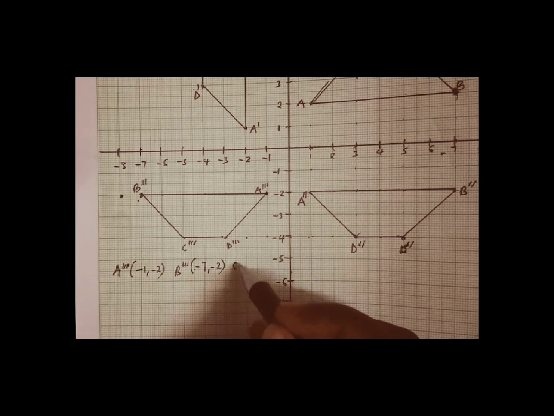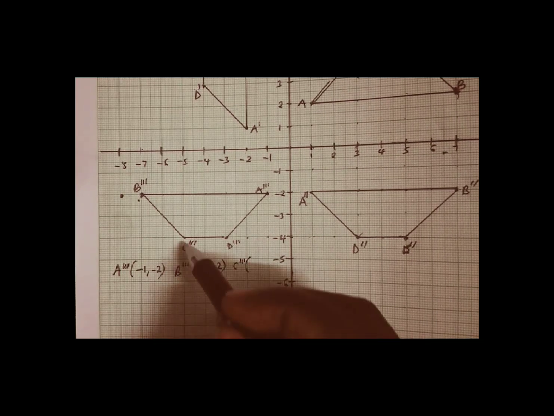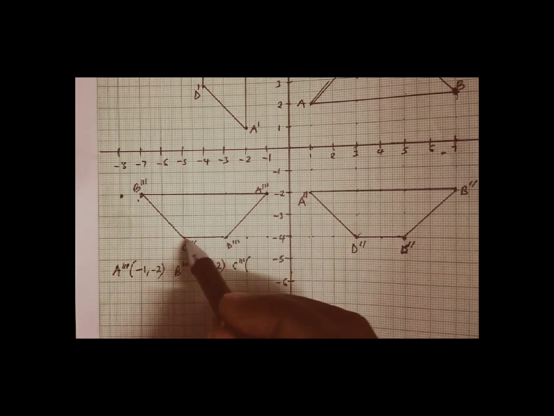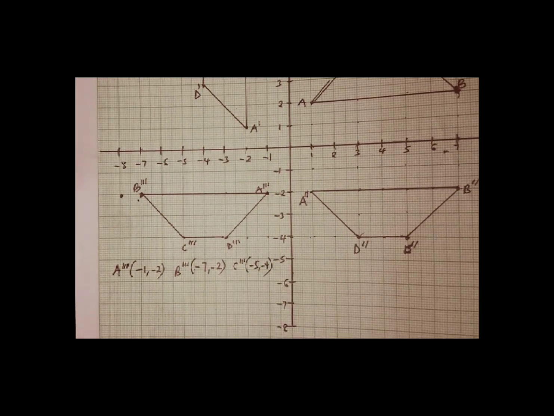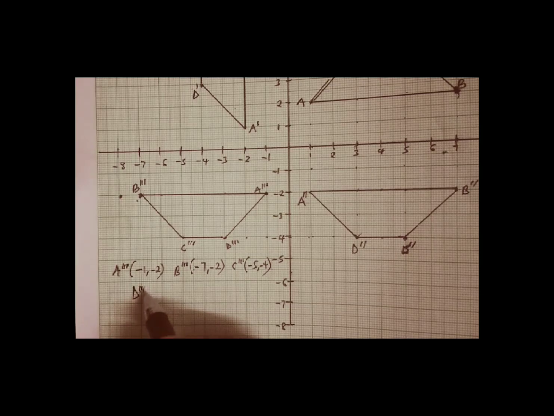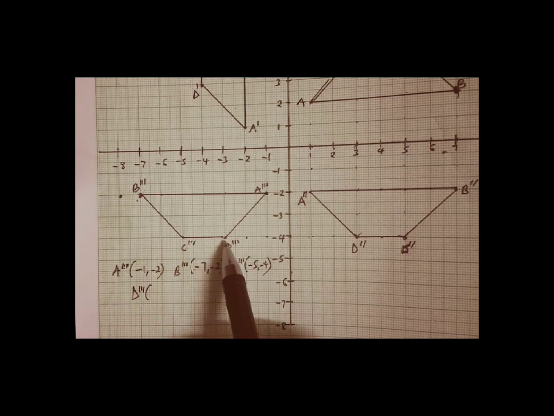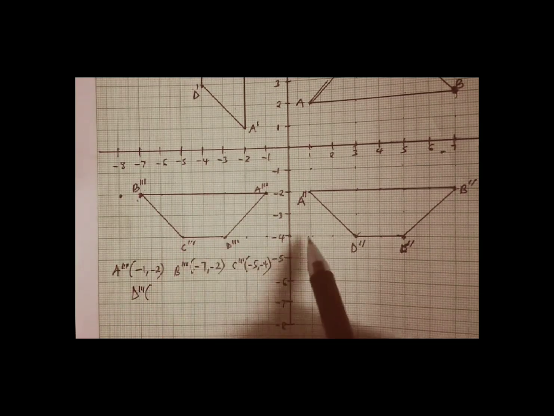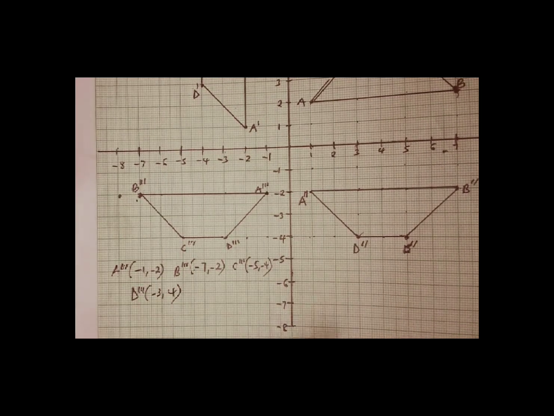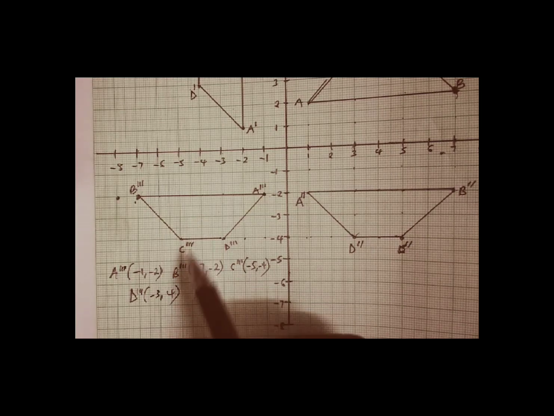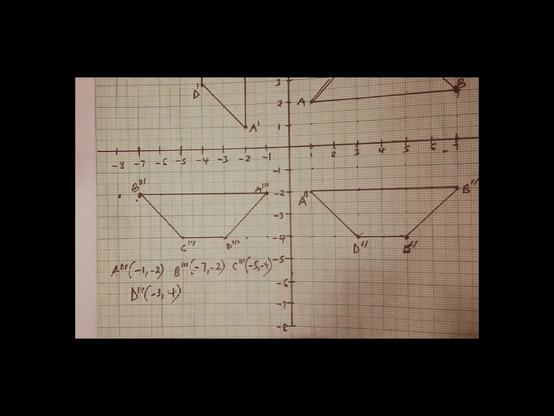C triple prime is going to be -5, -4. Then of course we have D triple prime as -3, -4. So by so doing, we'd have drawn the image together with stating the coordinates.